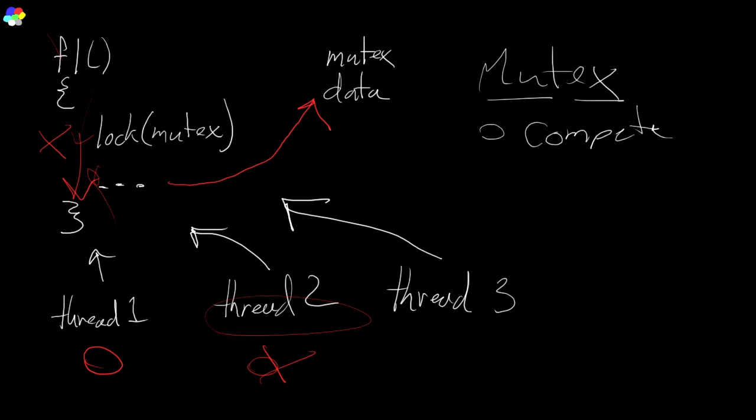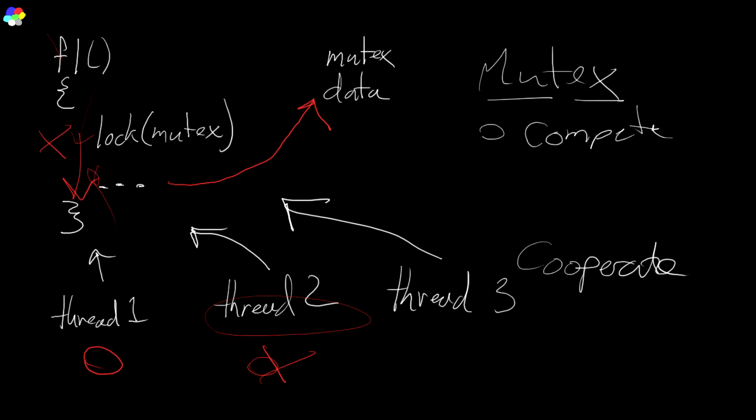But what we don't have is a way for threads to cooperate. Here they're just pushing each other out of the way, getting on each other's nerves. What we want is a way for them to cooperate.